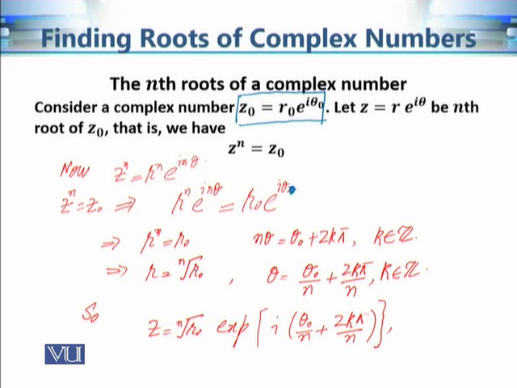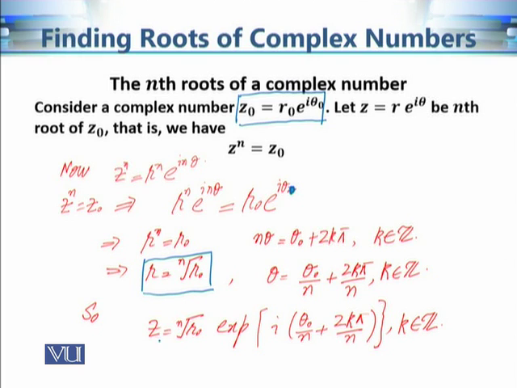Now here, when I'm writing down this notation, it means that one unique positive real number which is the nth root of r naught. R naught is also a positive real number. And the second expression, the relation between their angles, would be n theta is equal to theta naught plus 2k pi, and this implies theta is equal to theta naught over n plus 2k pi over n, where k is any integer.